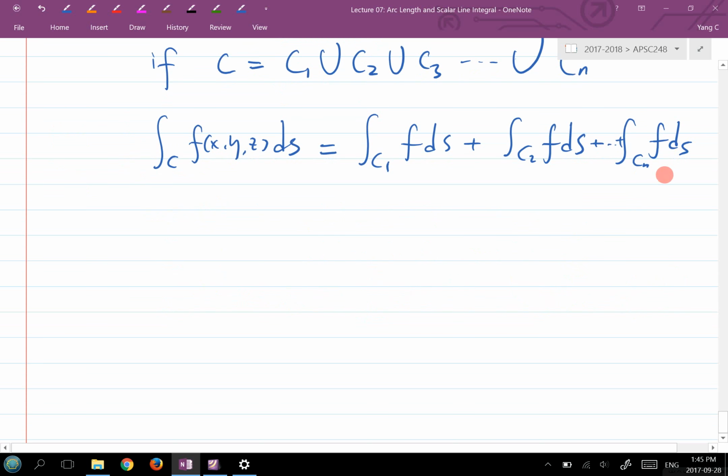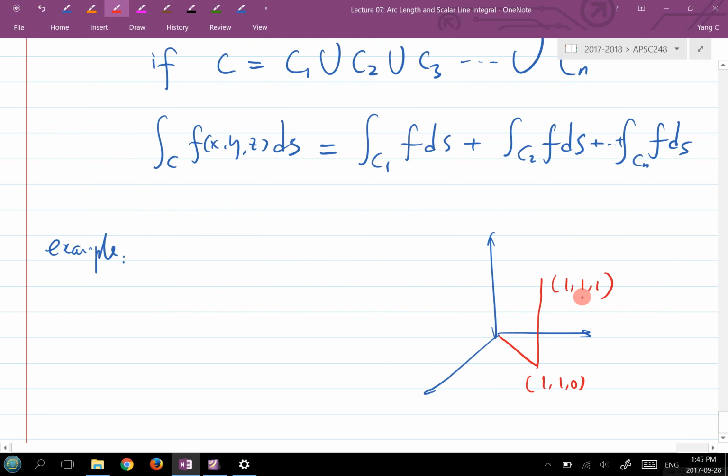One example we can't finish today. If you recall in a previous lecture, when we learned the vector function and the parametric equation, we did an example of how to parameterize a curve C1 plus C2.